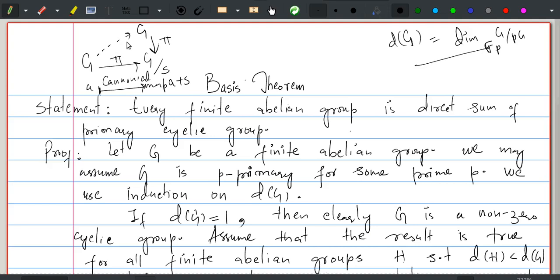So we want to lift g bar, which is the same as g plus S, to an element in G, such that g goes to some z in G such that the order of z is the same as the order of g bar.